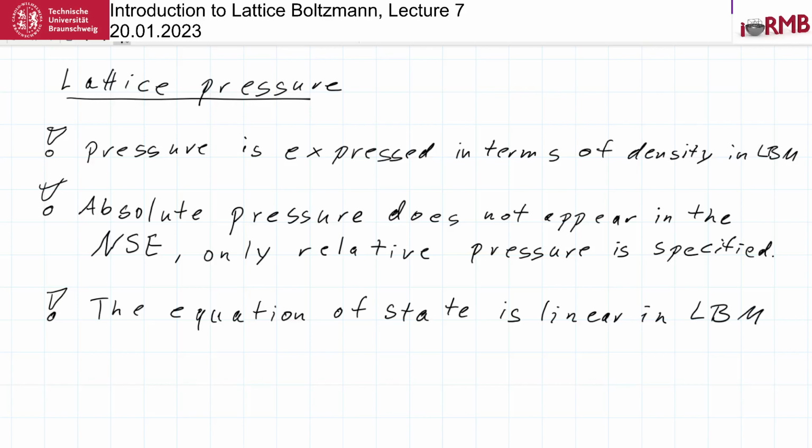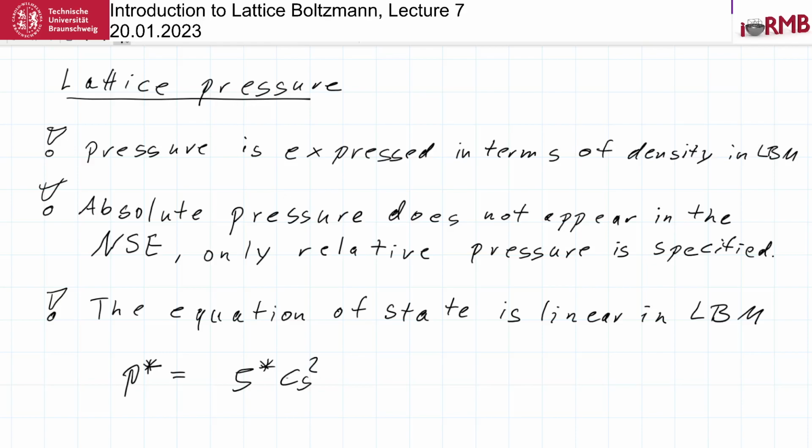So what do we mean by equation of state? Equation of state is how the pressure is related to the density, and this is just by multiplying it with the speed of sound squared.